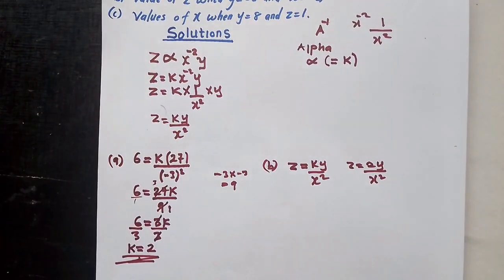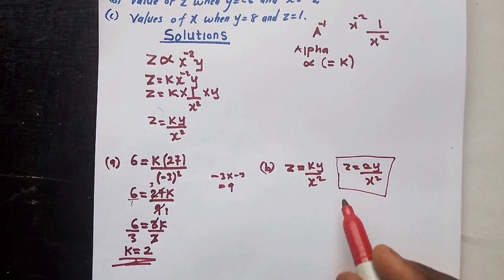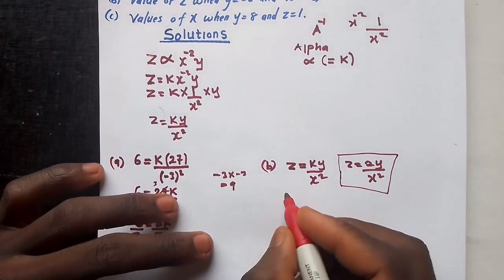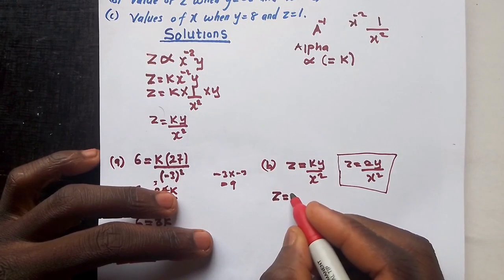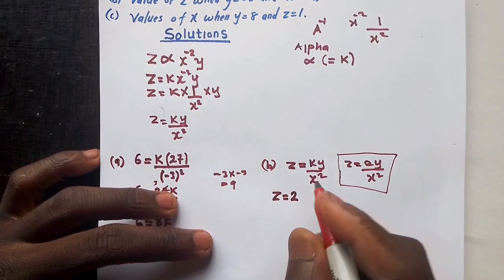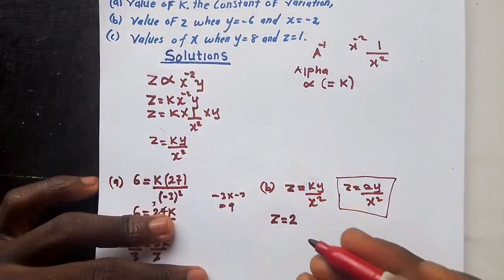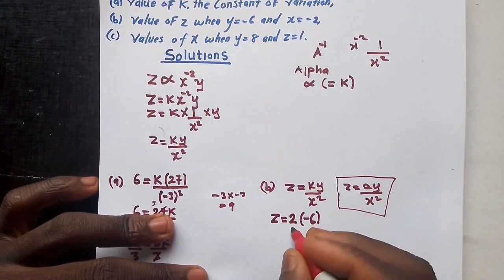So we are going to use this now to calculate the value of z. I'm going to say z is equal to k, which is 2. Then the value of y is negative 6, so I'm going to open bracket, negative 6, close.